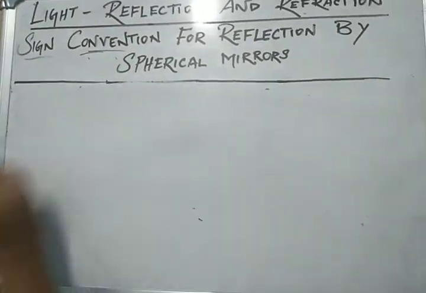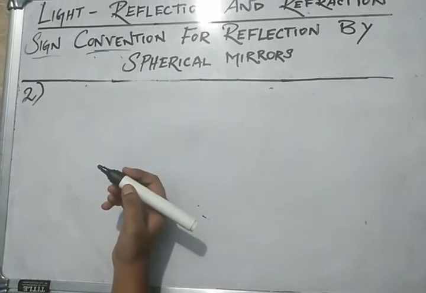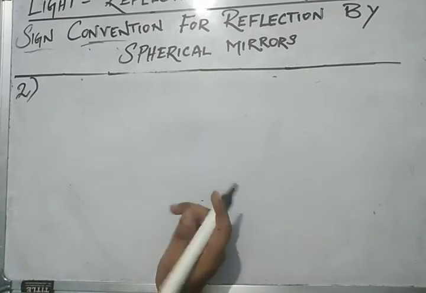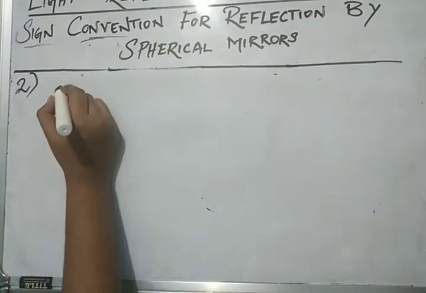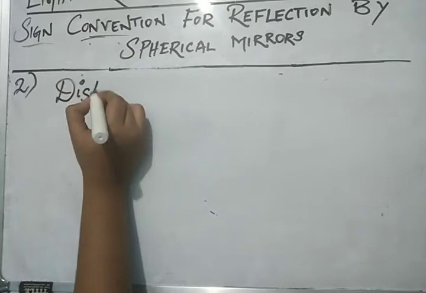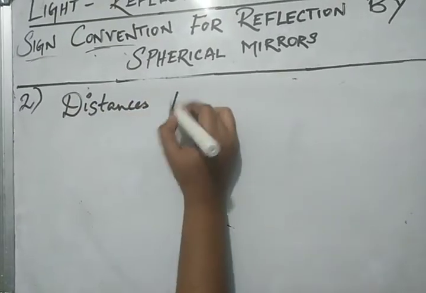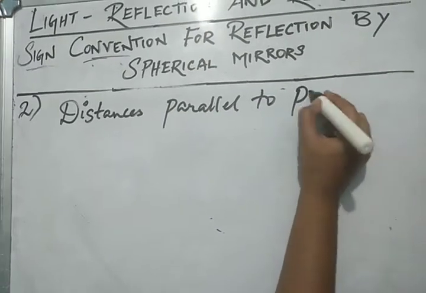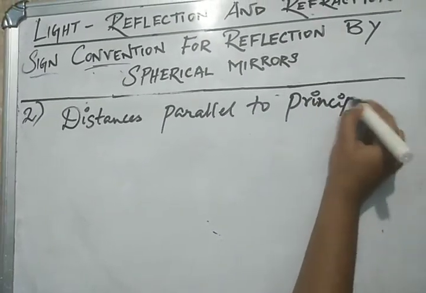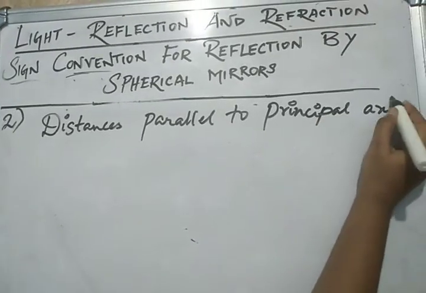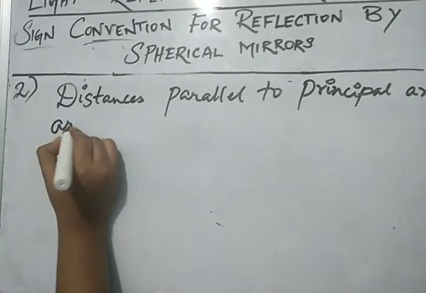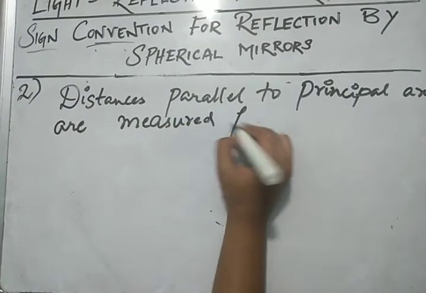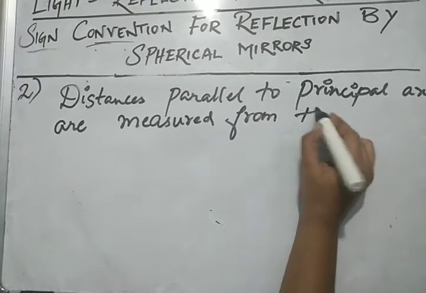The second sign convention is that all the distances parallel to the principal axis are measured from the pole of the mirror.